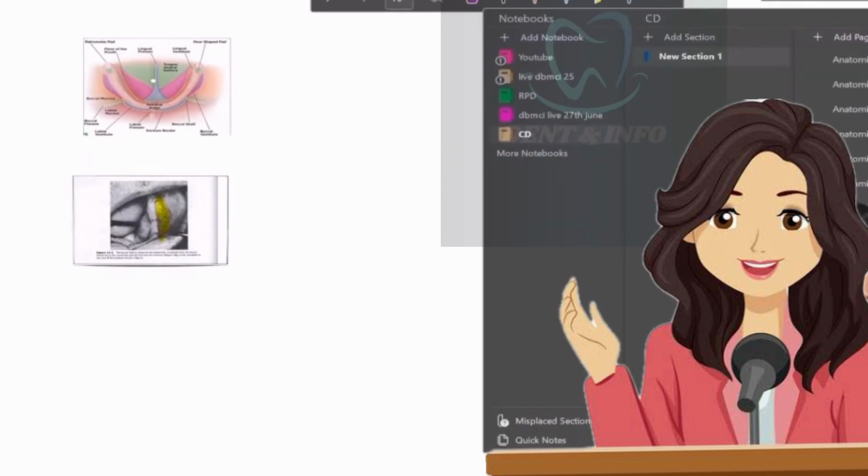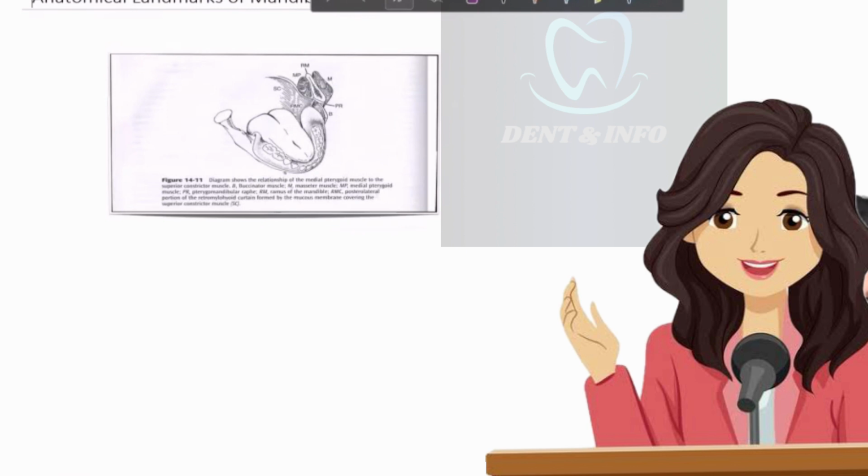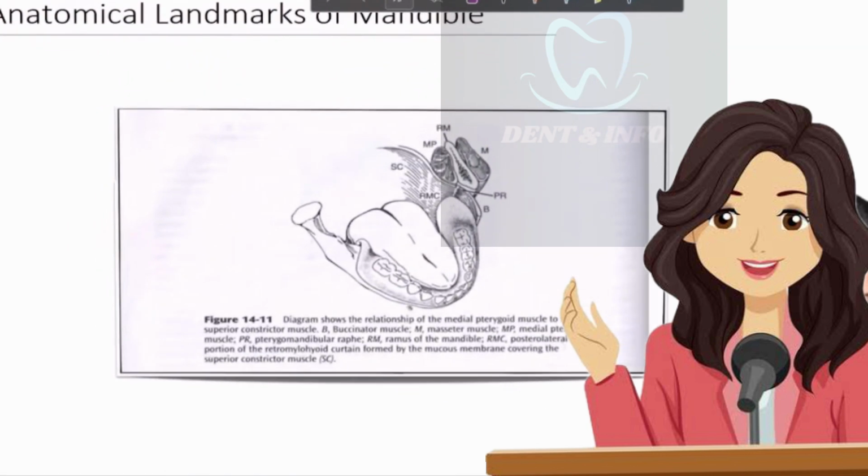Another important thing that I'm discussing is this particular image. It is a very important image from your Boucher's to understand the three-dimensional placement of muscles and ligaments which are present. So let us try to understand that. This is your mandible and your mandibular denture that you are seeing, at the posterior border of this denture. Right?